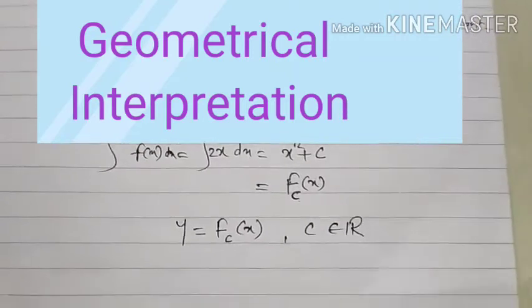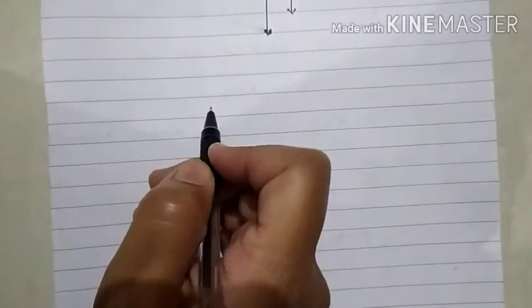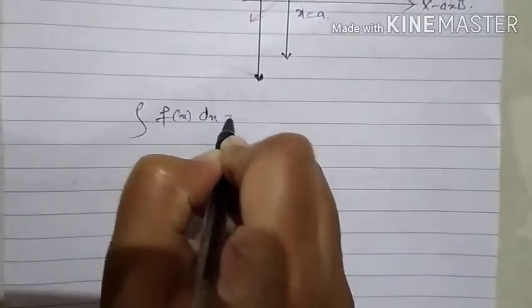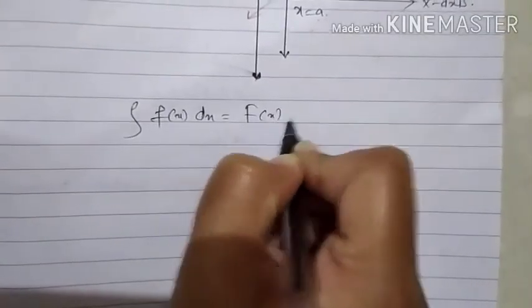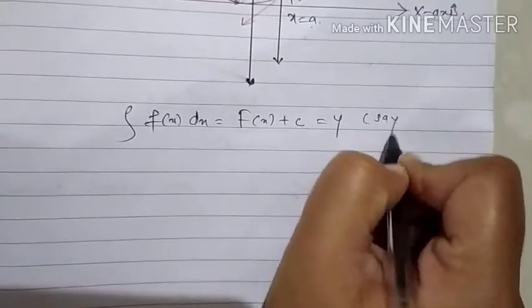It means we have drawn the tangents. Thus the following statement: the integral of f of x dx, which equals capital F of x plus c, we can say it as y.